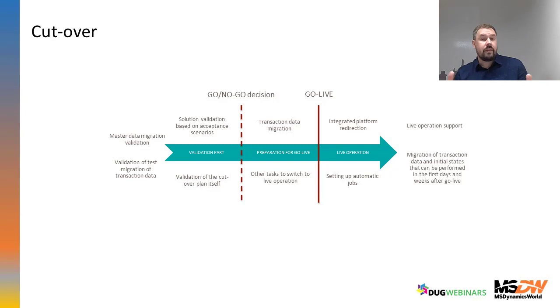There are a lot of tasks which must be done. In the transaction data, we count the unfinished orders, which must be moved from the old system to the new one too, and so on. So all of these steps should be defined, and a checklist is created.